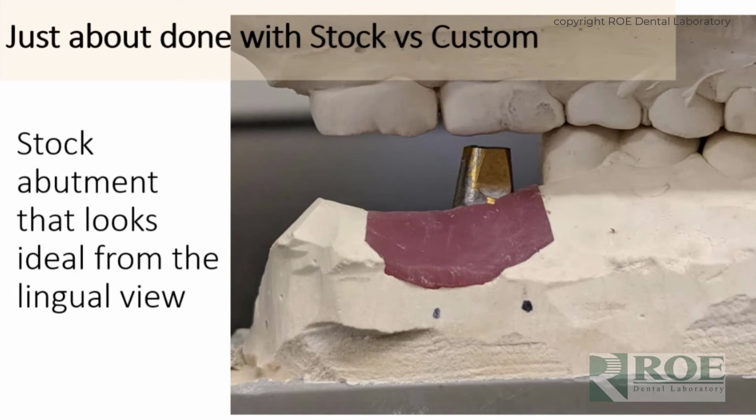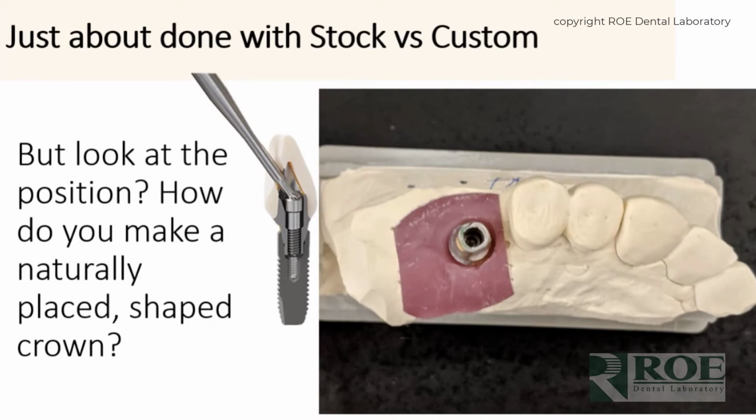Here's another case where it looks ideal from a lateral view, from a lingual lateral view. You could probably use a stock abutment in this case from this view, but when you look at it from an occlusal view, it's a lingualized placement, and this is really impossible to make an ideal crown facially.